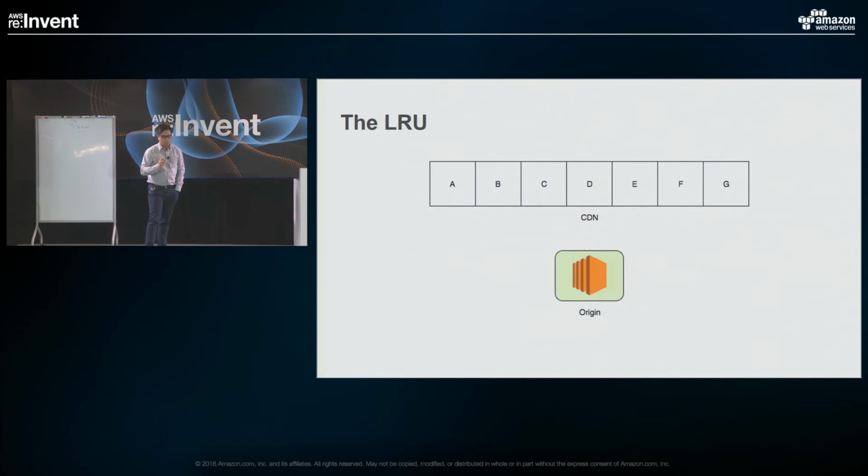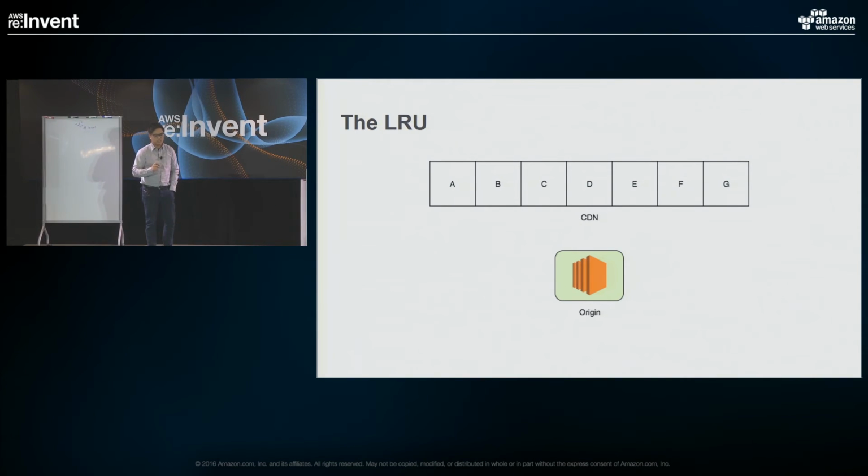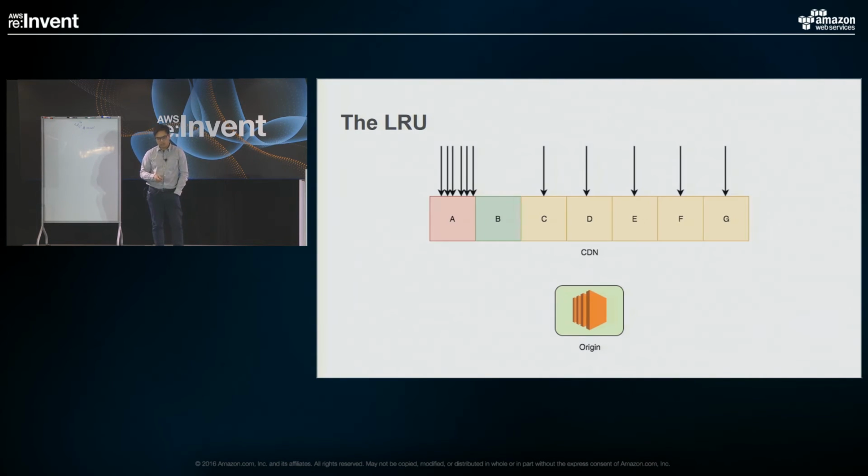The one big problem we found with over-the-counter reverse proxies is the least recently used policy. So for this example, I have A through G in my reverse proxy, and below is my Spokeo web stack, as I spoke about before. And let's say, for example, I get a ton of requests for object A. Object A is really warm in that cache. C through G, it's all right.